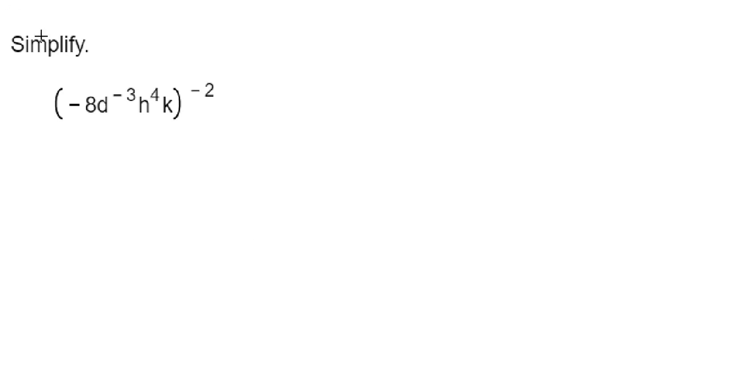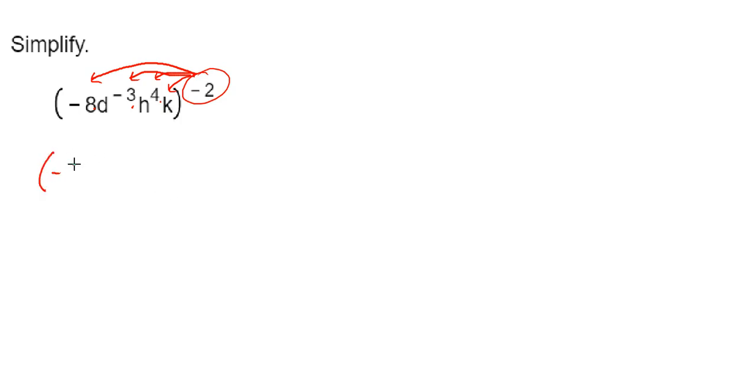All right, so here we have negative 8, d to the negative 3rd power, h to the 4th power, k, and that whole thing is being raised to the negative 2nd power. So we're going to take this power of negative 2, and we are going to distribute it into the parentheses because all these things are being multiplied together. As long as it's all multiplication, you can distribute that exponent to everything inside the parentheses.